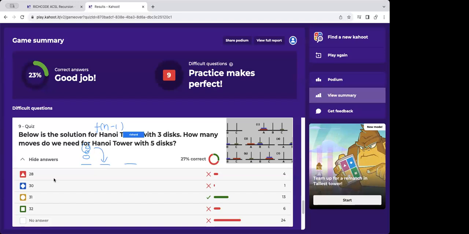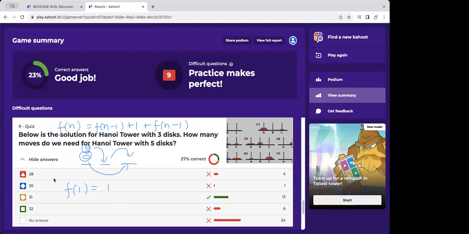And then next we move the bottom one over here, so we're adding 1 because that is 1 extra move. And then last we move these 2 on top, so that is another f(n-1). So basically we have this formula. And then we know f(1) equals 1.